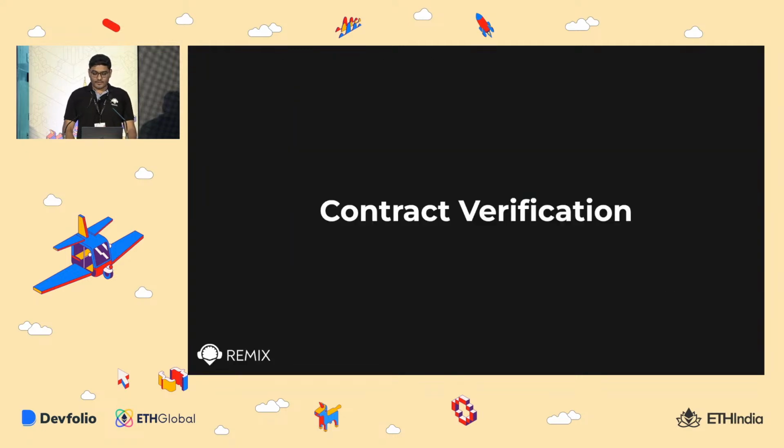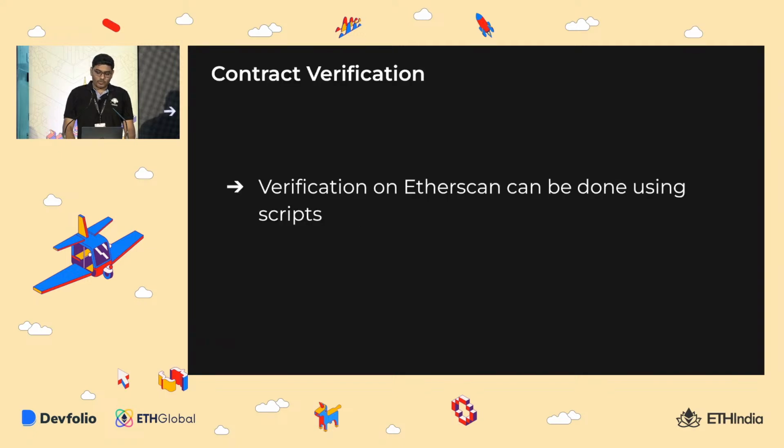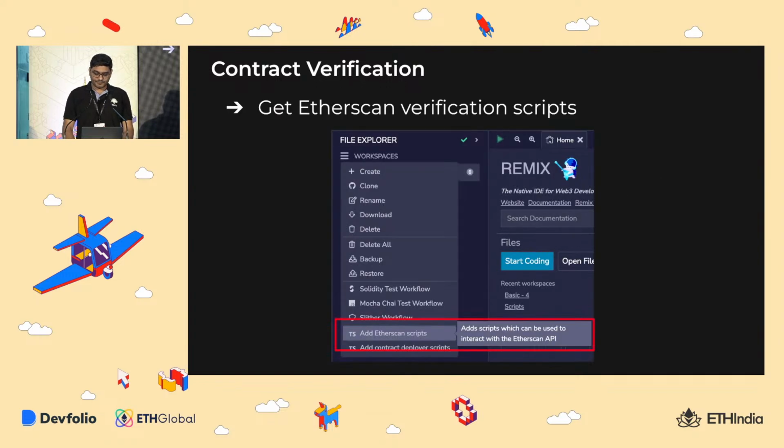Coming to contract verification, it is a very integral part of Solidity development. If you are going to deploy your application on mainnets, then contract verification becomes essential. You can verify your contract on Etherscan using the scripts on Remix.